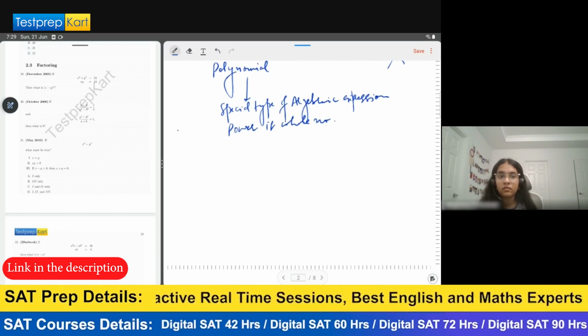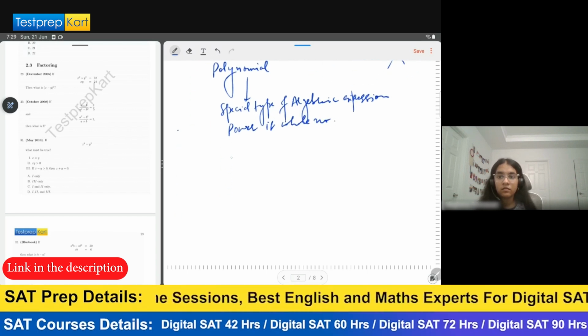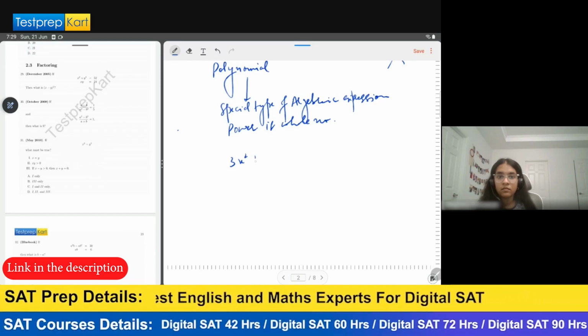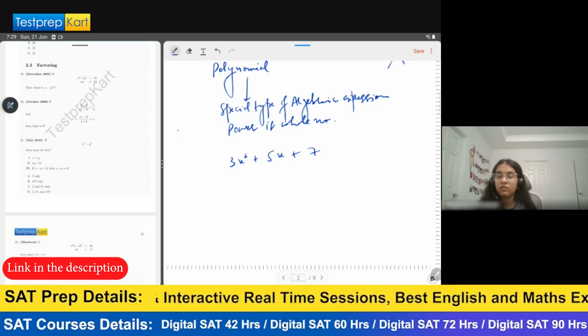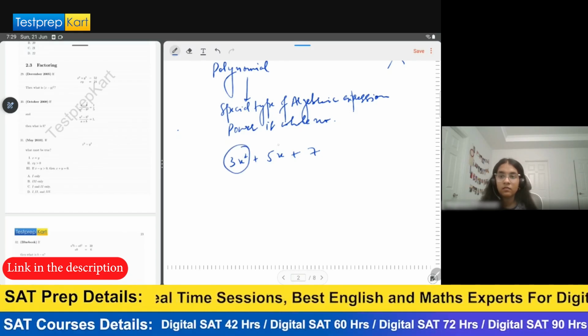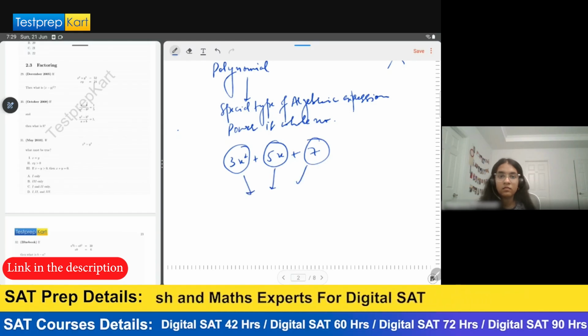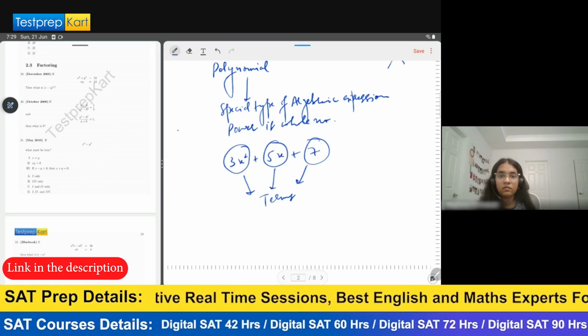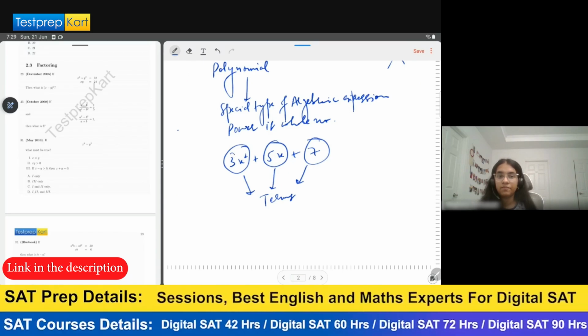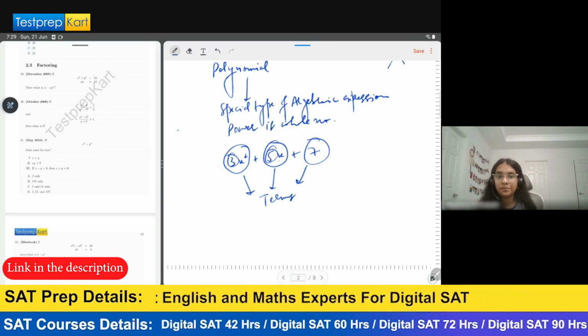Now, for polynomials, a few things we need to understand. For example, if I have a polynomial 3x squared plus 5x plus 7, right? These things which are separated by plus or minus are called the terms of a polynomial. If you look at this, x squared is multiplied by this 3, x is multiplied by this 5.